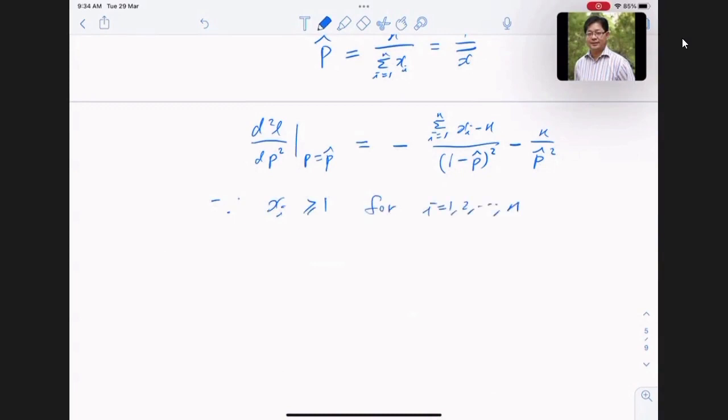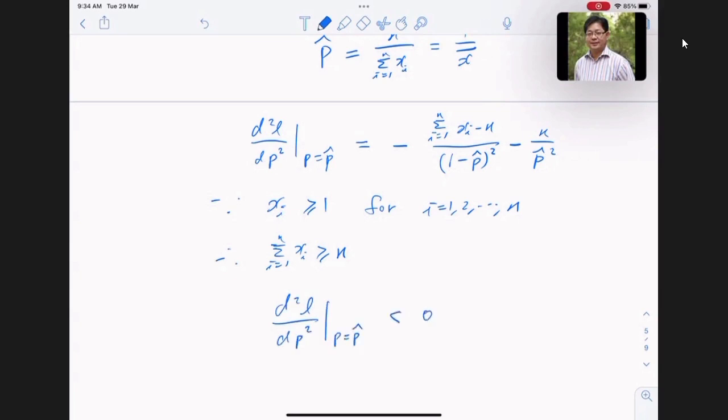For the whole sample, each of these x must be greater than or equal to 1 because it follows the geometric distribution. Therefore, the sum of them must be greater than or equal to n because we are adding up n numbers, each of them greater than or equal to 1. So in other words, the second derivative is a negative value.